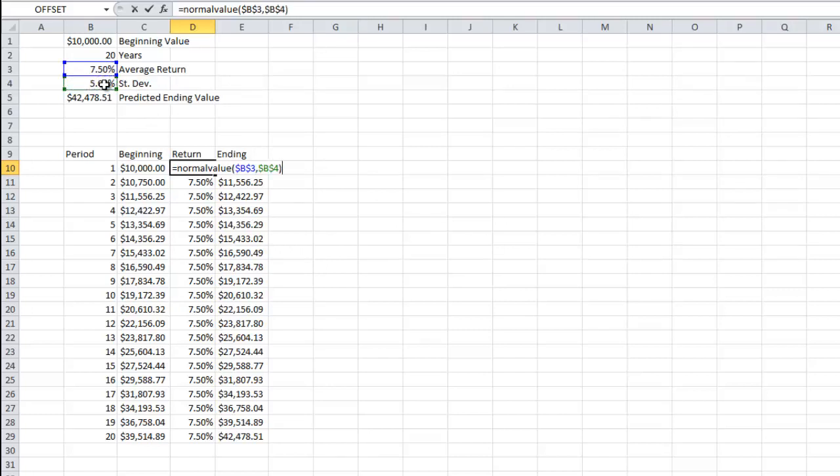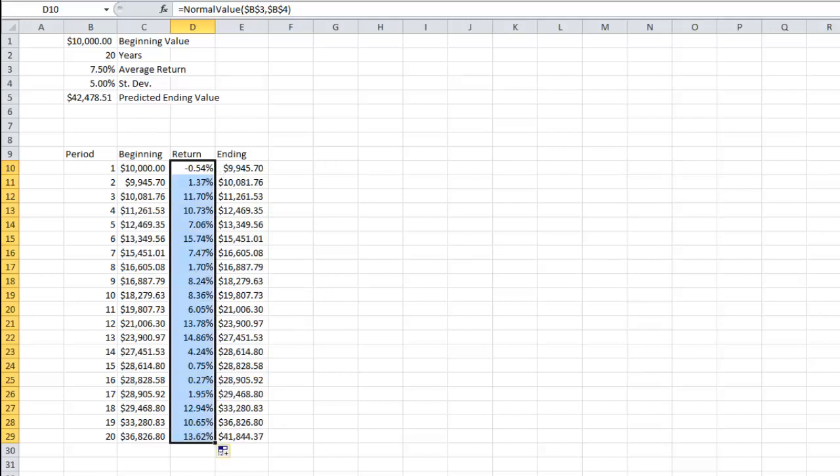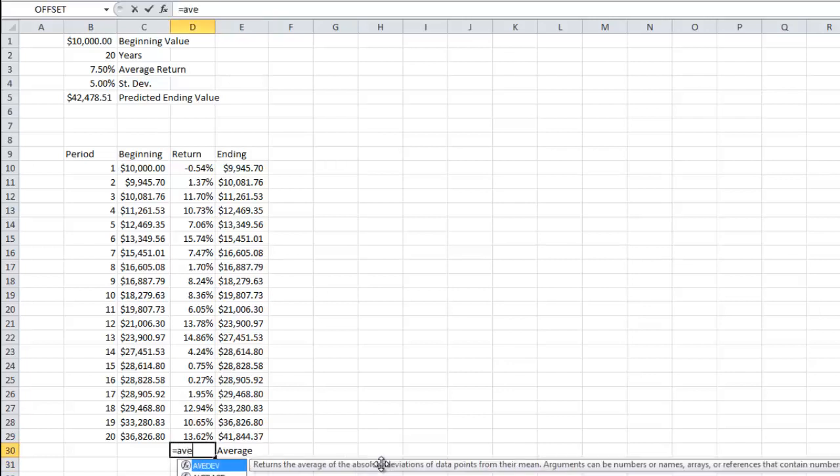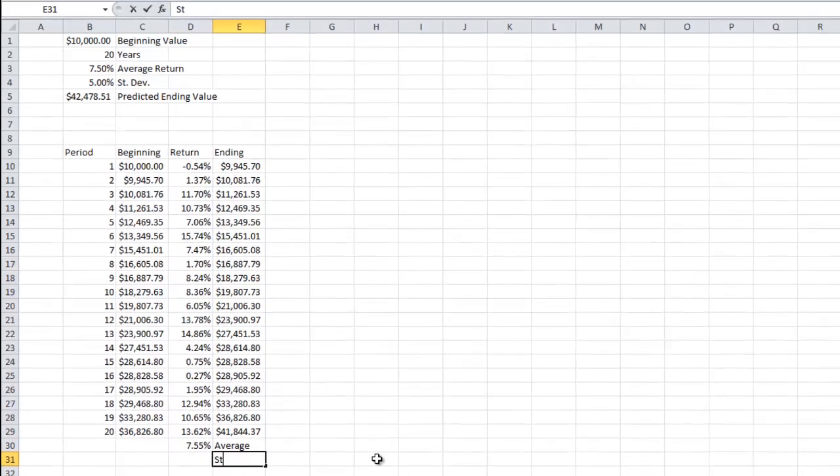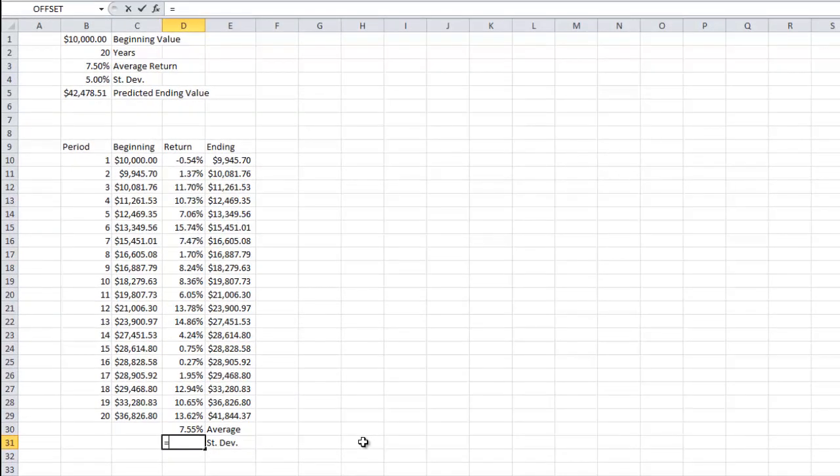Now when I hit the enter button, Excel is going to draw a number from a normal distribution that has a mean of 7.5% and a standard deviation of 5%. I'm going to copy and paste this all the way down. Now, just to prove to you that it's probably going to have an average close to 7.5%, let's go ahead and calculate the average over our 20 years. And let's also calculate the standard deviation.